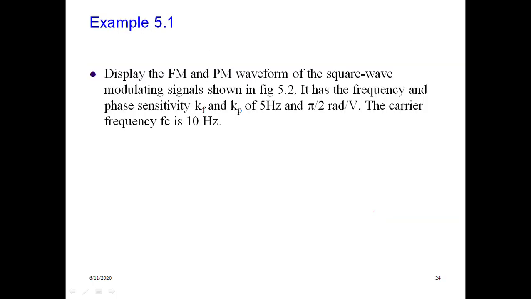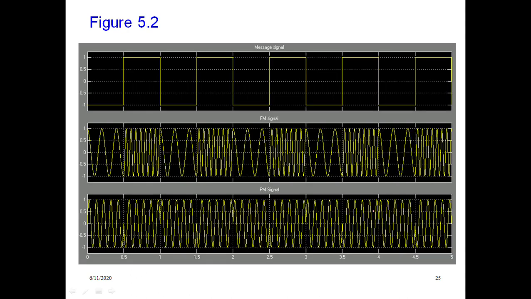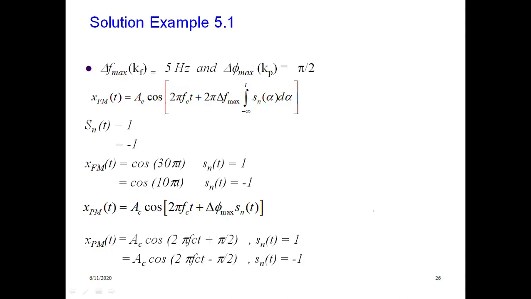Okay, so in this example I've shown the square wave. We want to know what the values are in numbers. So the delta F max is 5 hertz, delta F max is the maximum frequency deviation, so it means the maximum frequency deviation we will give is 5 hertz.